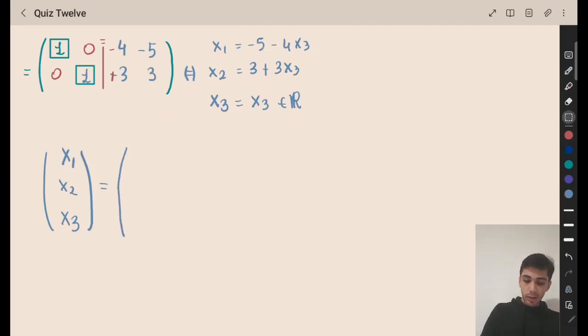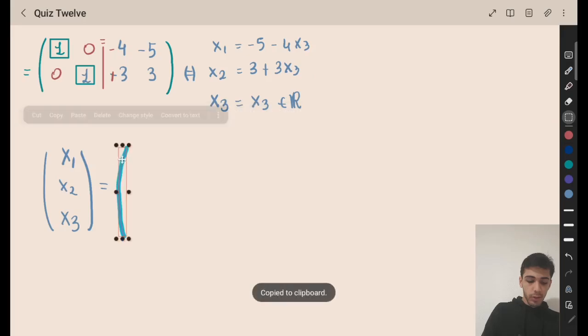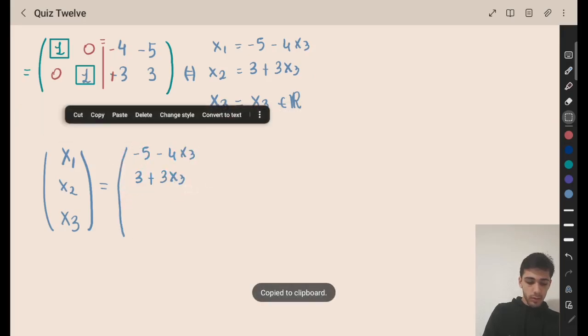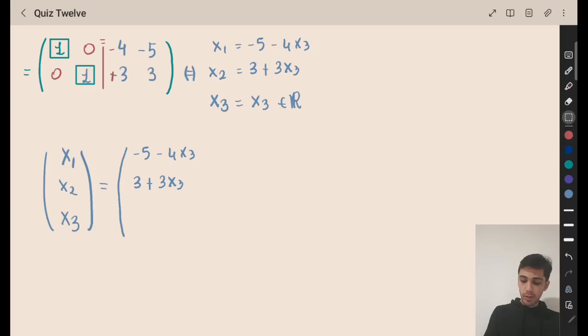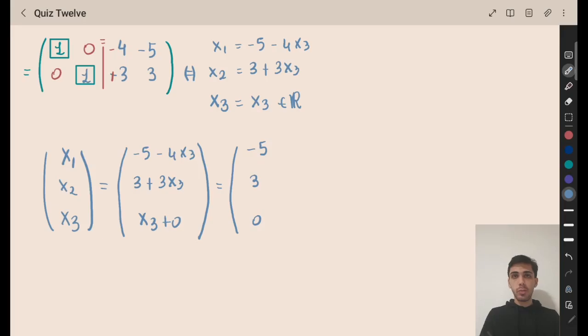So x1 is equal to minus 5 minus 4x3. x2 is equal to 3 plus 3x3, and x3 is just equal to x3. I hope you don't mind if I write a vector which has all the constants, so minus 5, 3, and 0, because remember this is just x3 plus 0.